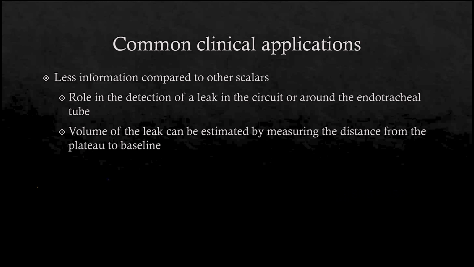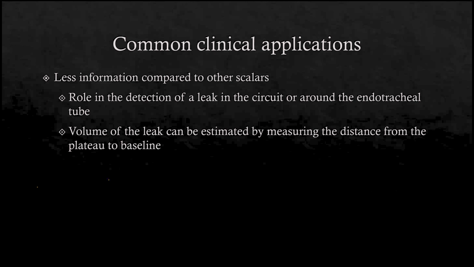The most important common clinical application of the volume time scalar is to detect a leak in the system. It could be either in the circuit or the endotracheal tube, or even, sometimes, a bronchopleural fistula. So basically what happens is there is incomplete emptying, or incomplete end of the expiratory limb, and you find that there is a sudden cutoff, which means that the volume is not completely emptying in a normal fashion, and there is a leak which abruptly ends the expiration.